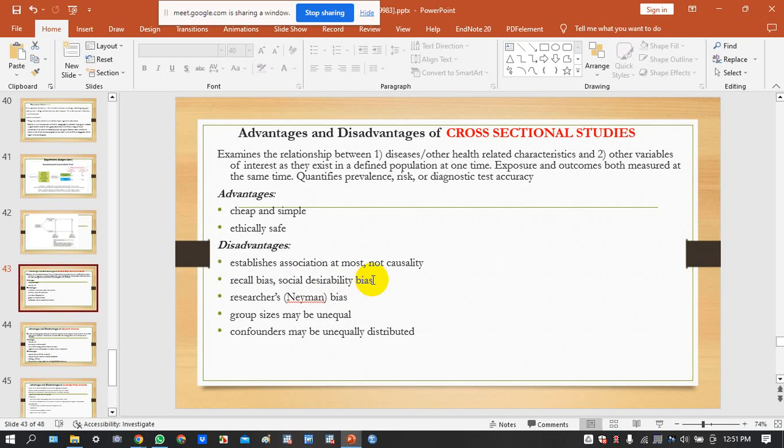Then you pretend you have not done anything, and you hide it from your pastor, because if you tell them, they will suspend you. So because of the demands of society, most people are afraid to tell the truth. So we have social desirability bias. Either the participant will not remember to give you the accurate response when you are interviewing them, or they will say what society loves, and they will not tell you the truth about their sickness or their condition.